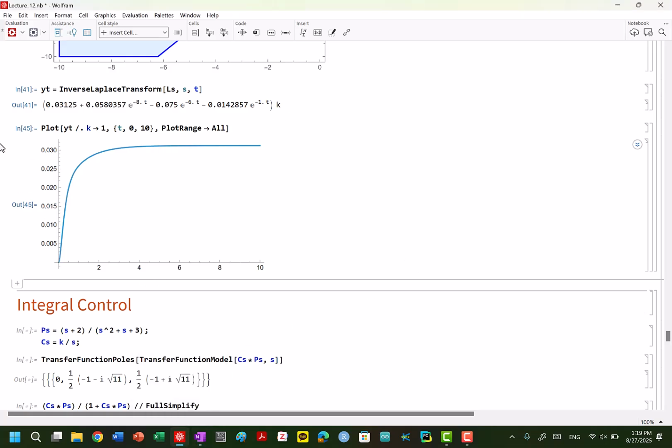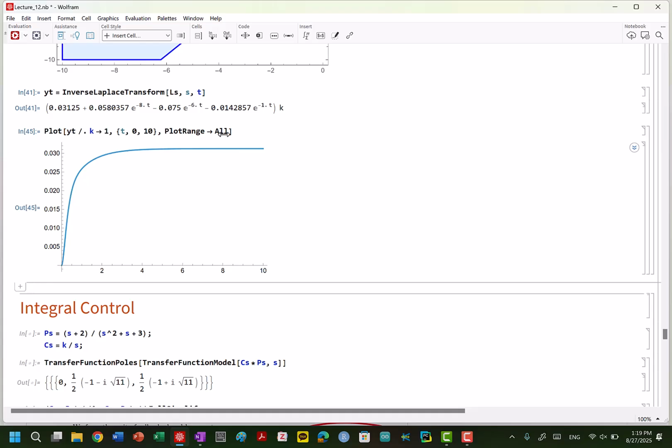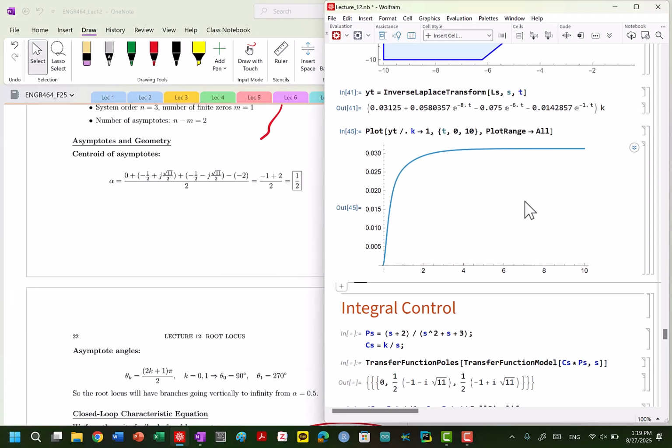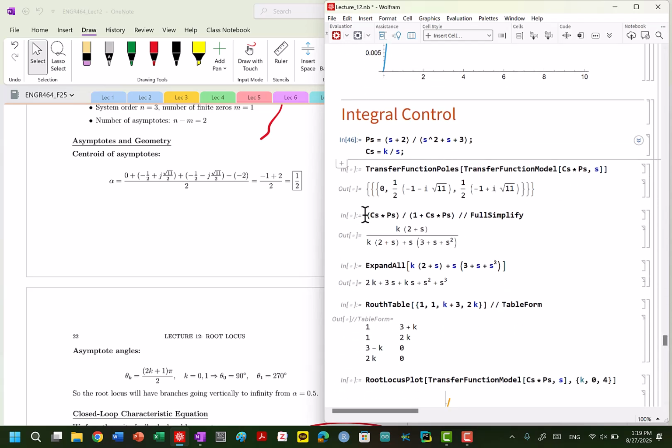So with integral control, I'm going to go over here, and let's look at this system. We are going to take now our GS simple equals this, full simplify, and we can basically expand this out, which is what we've already done here.